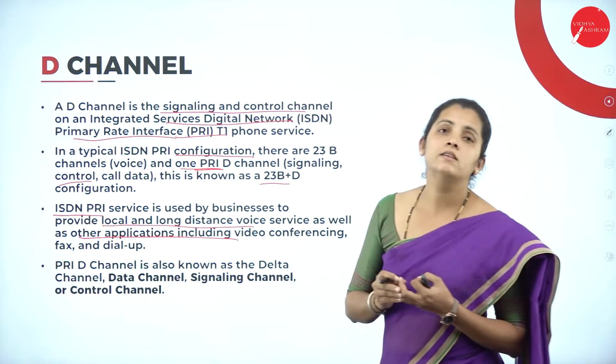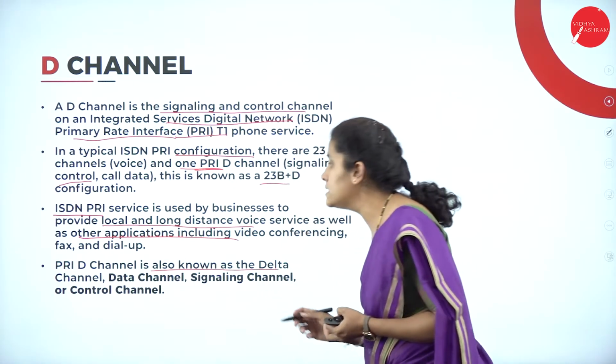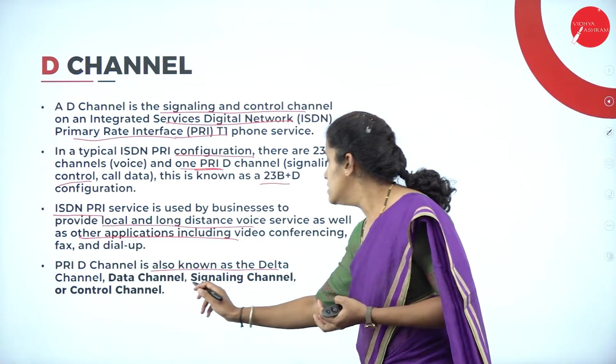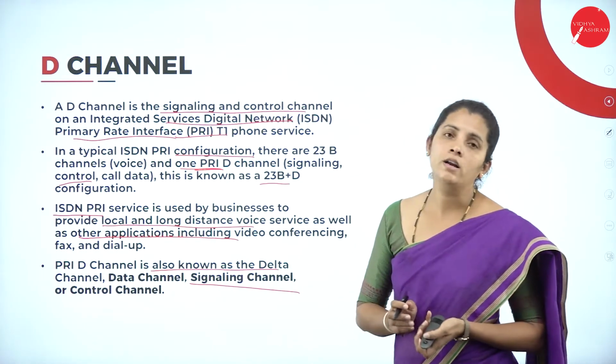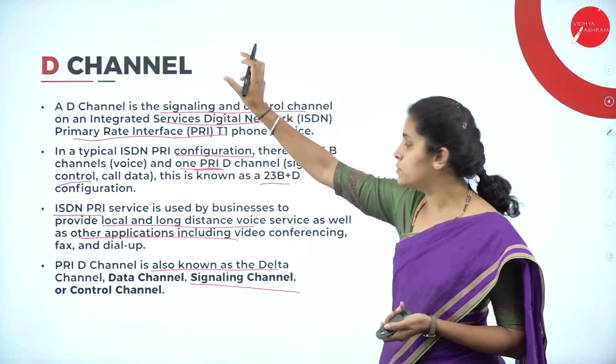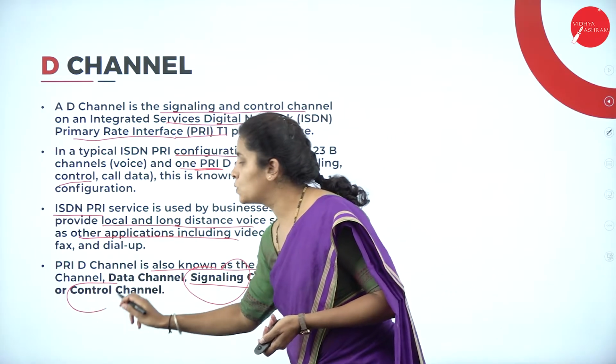The PRI D channel is also known as the delta channel, data channel, signaling channel or control channel, because the D channel is responsible for carrying signals as well as controls.